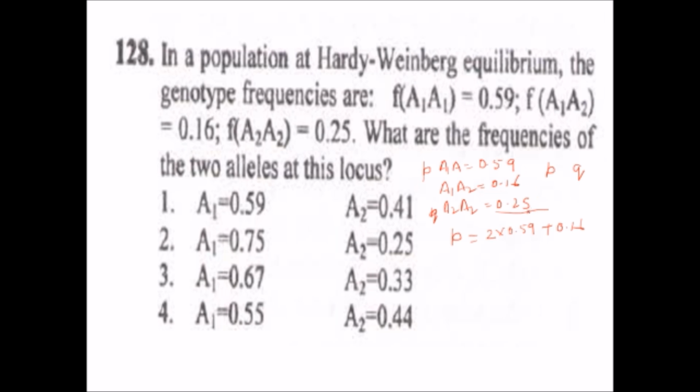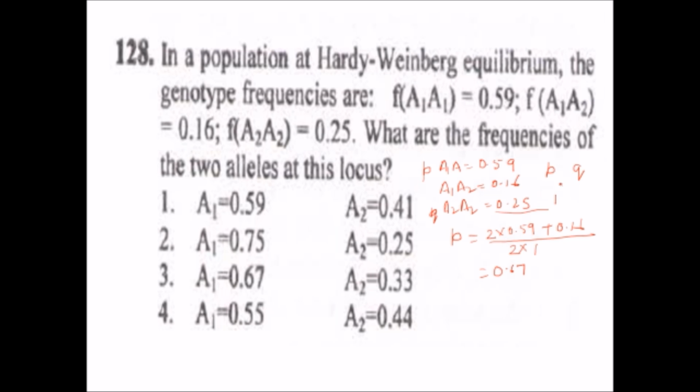If you sum up all this, we will get 1, so 2 into the total number of population is 1. When we calculate it, the value of P will be equal to 0.67.